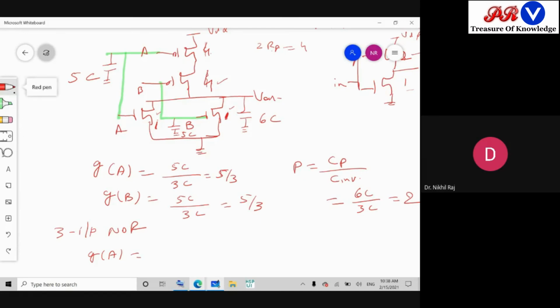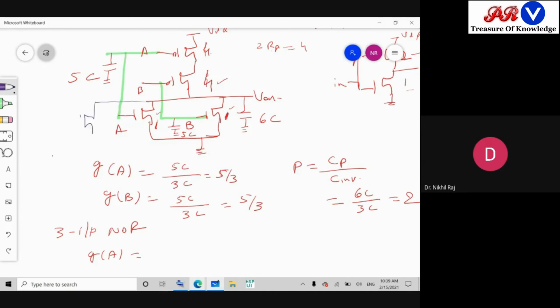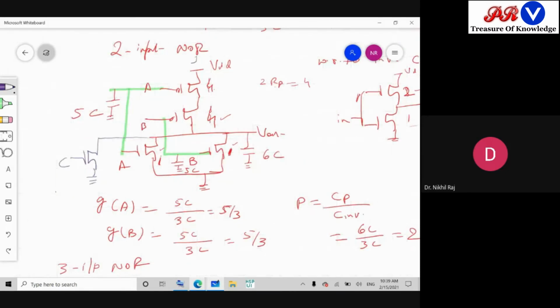An extra MOS will be created. A C input will be there. So from here C will come, and at the top also C will come here and VDD will come here.